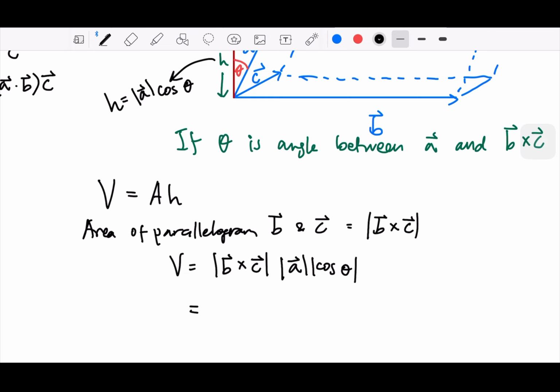And this is equal to A dot B cross C, the length.